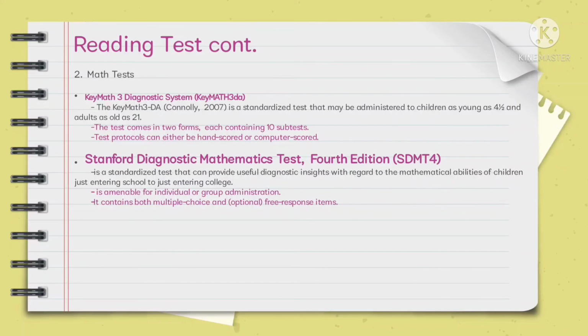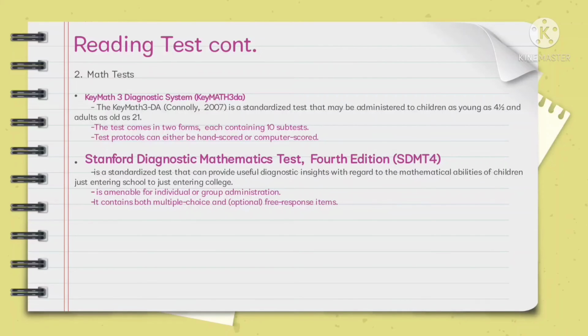Items on such tests typically test everything from knowledge of basic concepts and operations through applications entailing increasingly advanced problem-solving skills. The KeyMath 3 DA is a standardized test that may be administered to children as young as 4.5 and adults as old as 21.